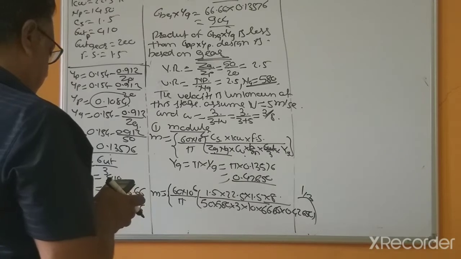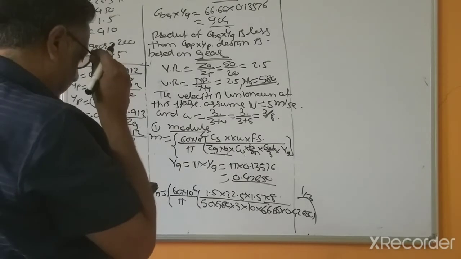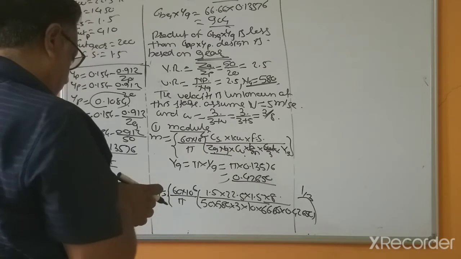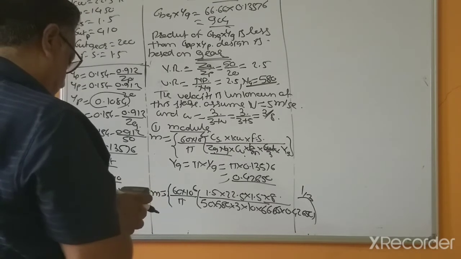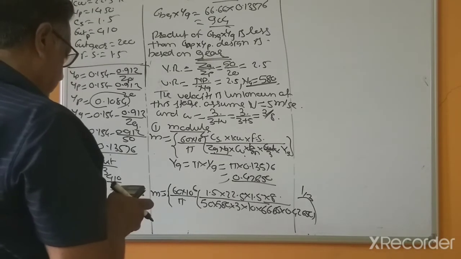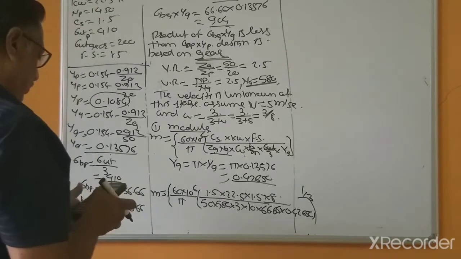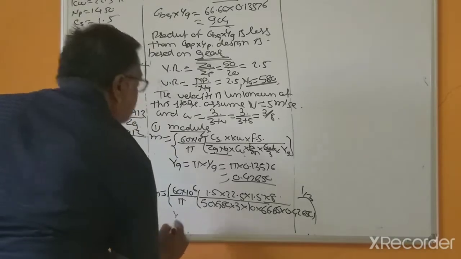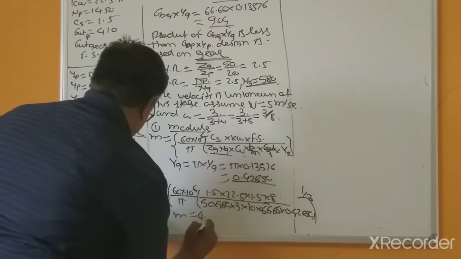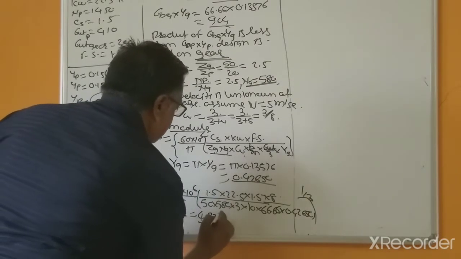So this is 83.35, and then cube root gives 4.37. So m equal to 4.37.